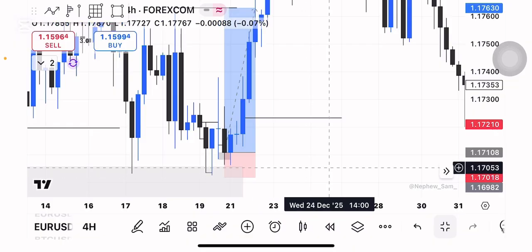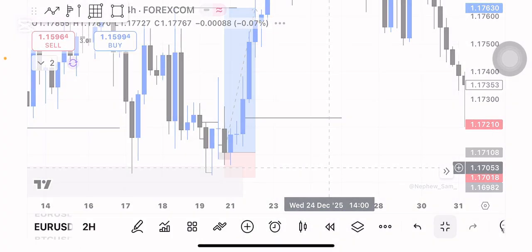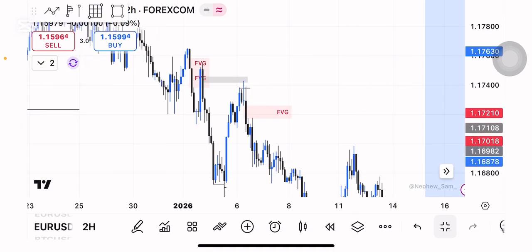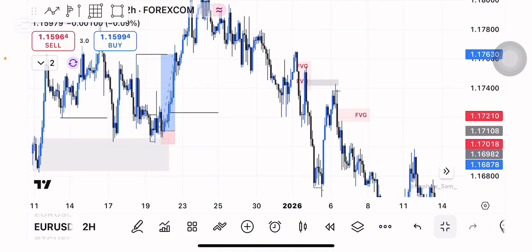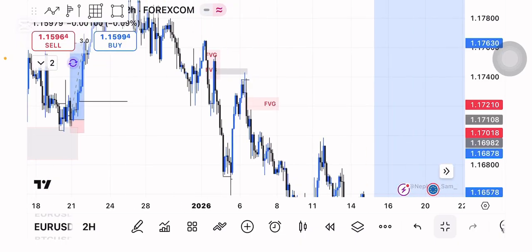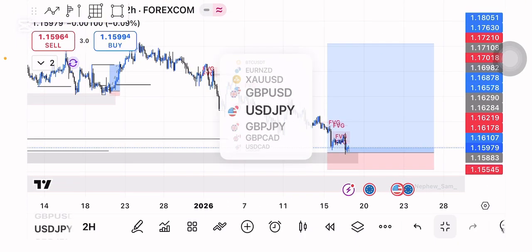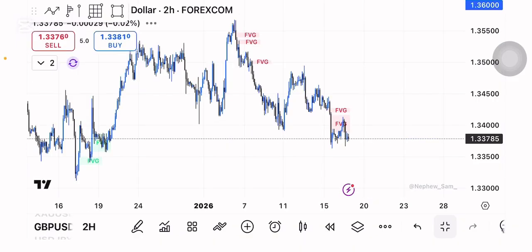No. What time frame was that? No, it's not on this currency pair. I think that's on GBP/USD. I can't remember.